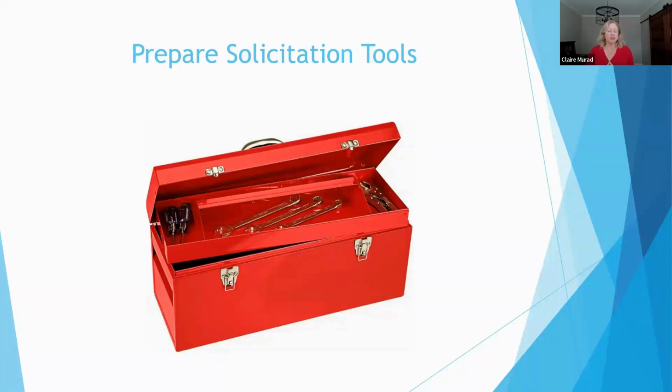Information about your organization and what your mission is, so they can share that with the potential donors. Also, give them the sponsorship opportunities, because they might go into a business and instead of just getting an auction item, they could bring in a new sponsor for you, right? So it's important to give them that information as well.